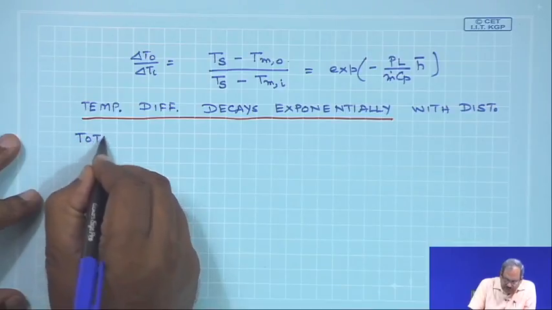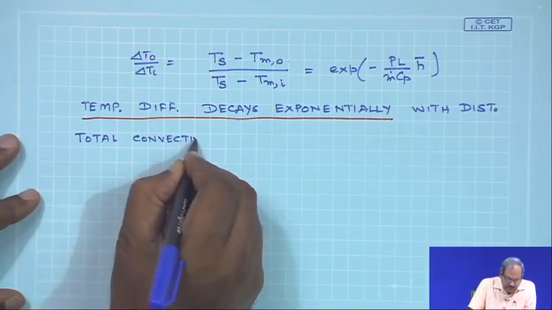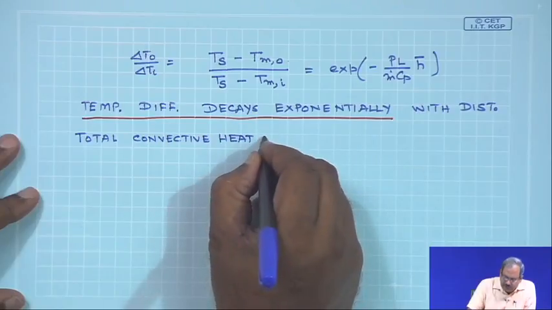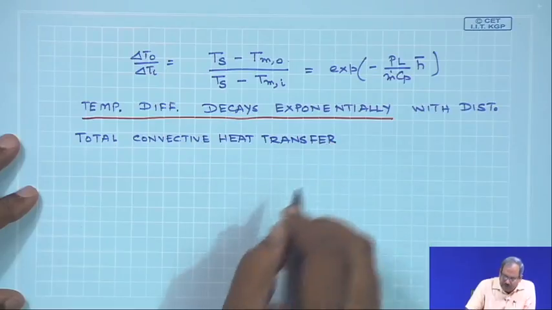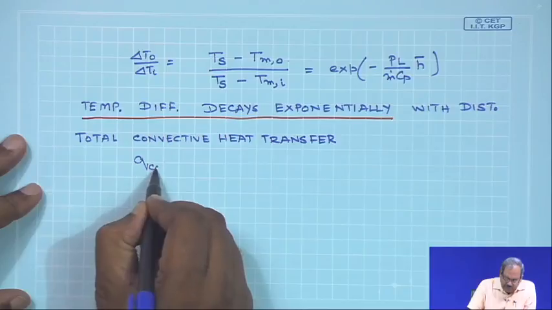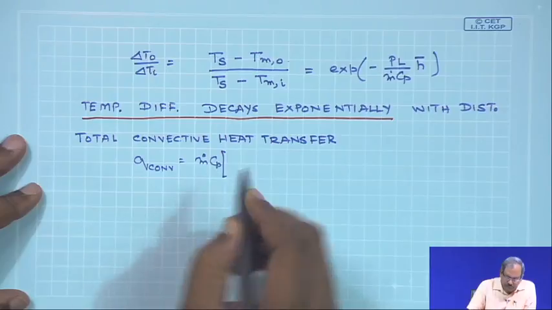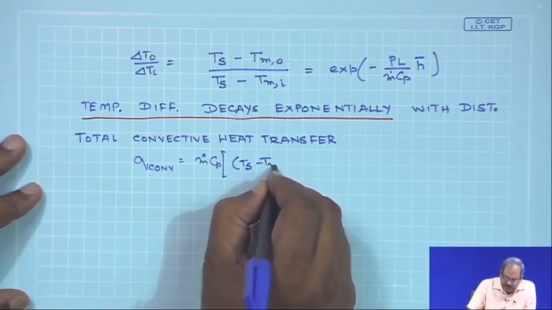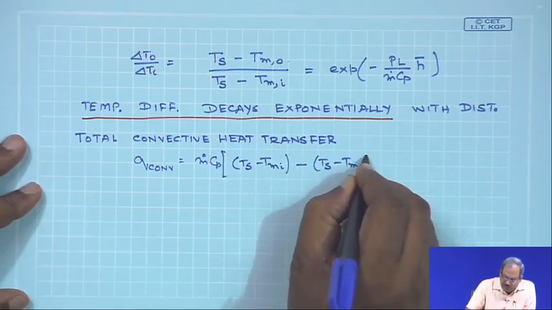So, based on this, I can find out the total convective heat transfer that takes place when a fluid flows through a tube of some length L while the temperature is maintained constant at Ts. So, this Q convection I can write as m dot Cp times Ts minus Tmi minus Ts minus Tmo.